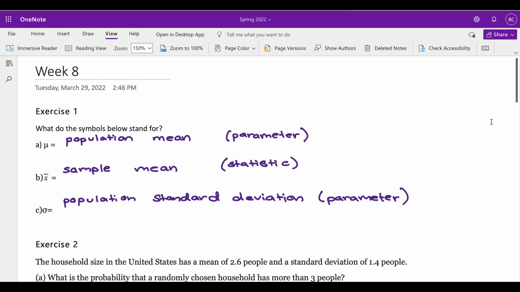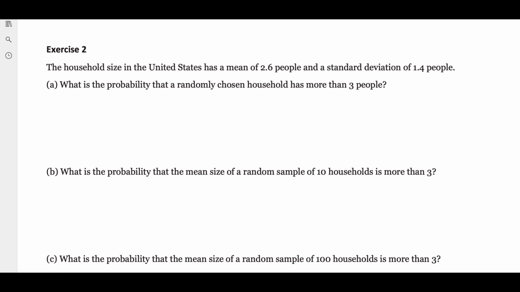On exercise 2, we're looking at the household size in the United States. It has a mean of 2.6 people and a standard deviation of 1.4 people. What is the probability that a randomly chosen household has more than 3 people? Now, if we read this carefully, just knowing the mean and standard deviation is not enough. We have to know the probability distribution.